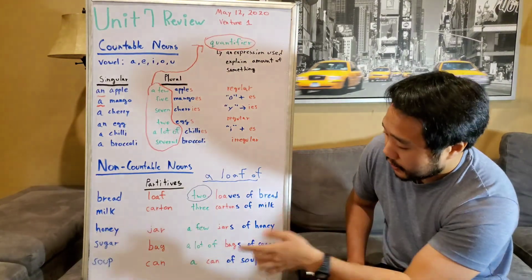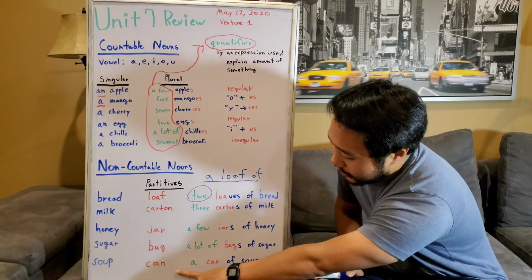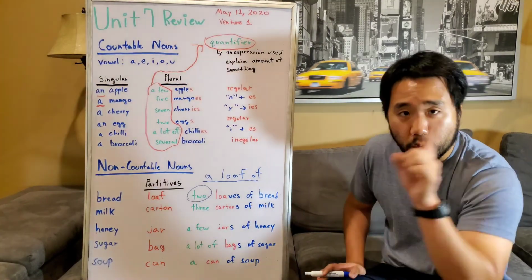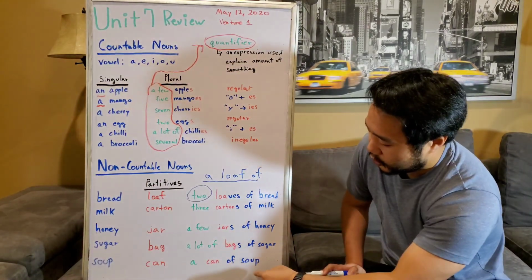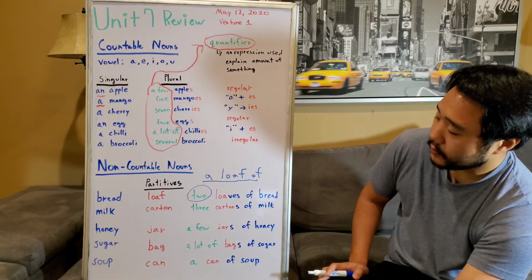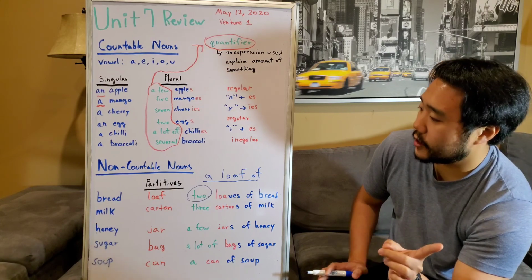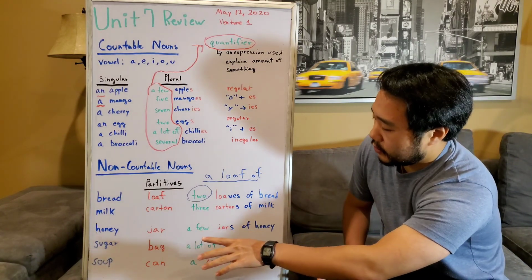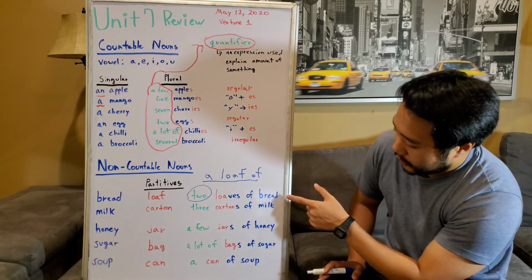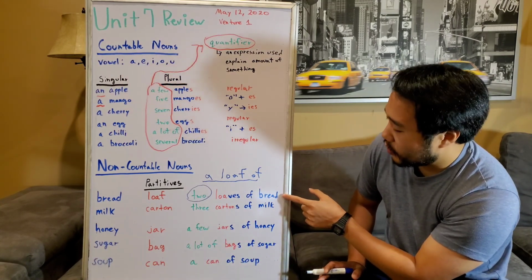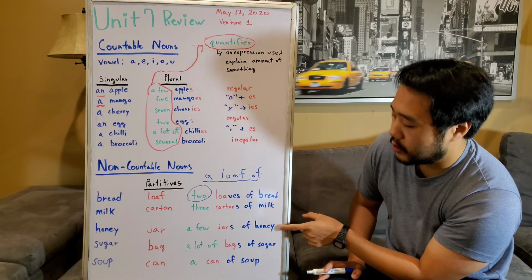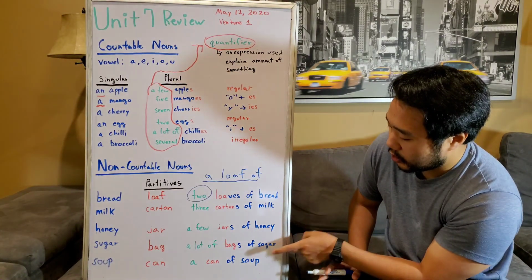And finally, soup, whose partitive is can. A can of soup. Here I wrote the singular form, since there's only one. I didn't add the letter S here. And as you can see, for the non-countable nouns bread, milk, honey, sugar, and soup, we don't change anything. Bread is going to be bread, milk is going to be milk, honey is going to be honey, sugar is going to be sugar, and soup is soup.